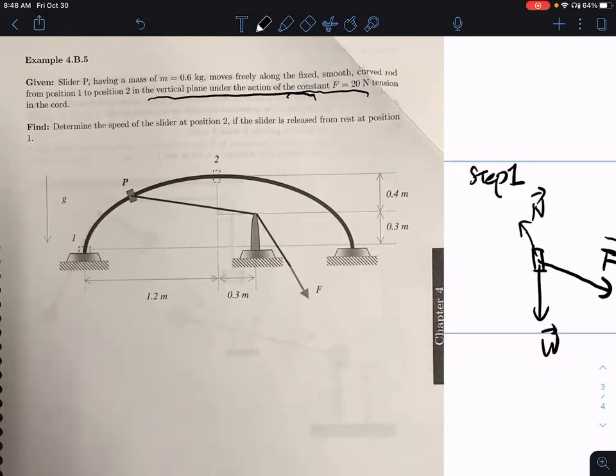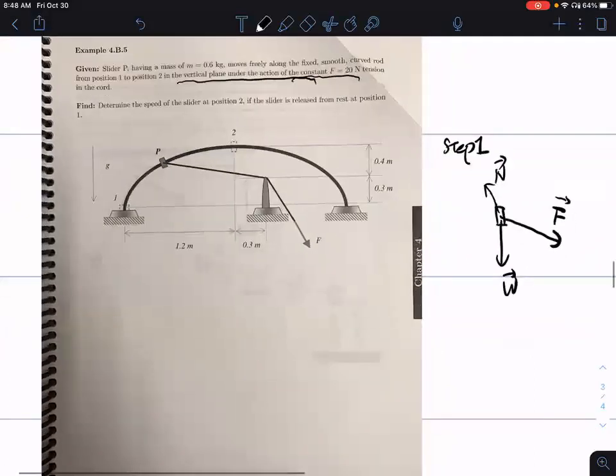Can you imagine that? Even though this force is acting in the same direction, the force here is always changing because it depends on the position of that particle. It keeps changing. But this force here is acting in the same direction. So that's step 1, set up the free body diagram.